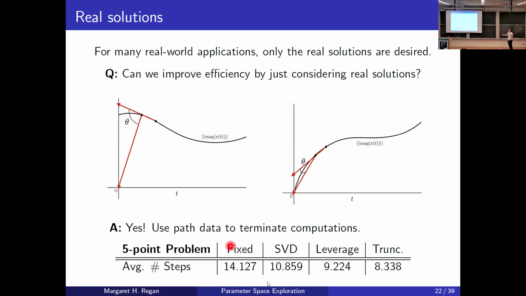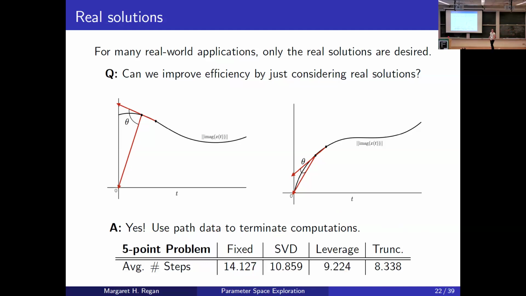Doing all of the paths with no truncation, we took about 14 steps along the homotopy continuation path with our predictor-corrector method. Adding in this truncation decreased the average number of steps. We weren't interested in optimizing this software to compare timings, so that didn't seem like a good comparison amongst the different solvers here.